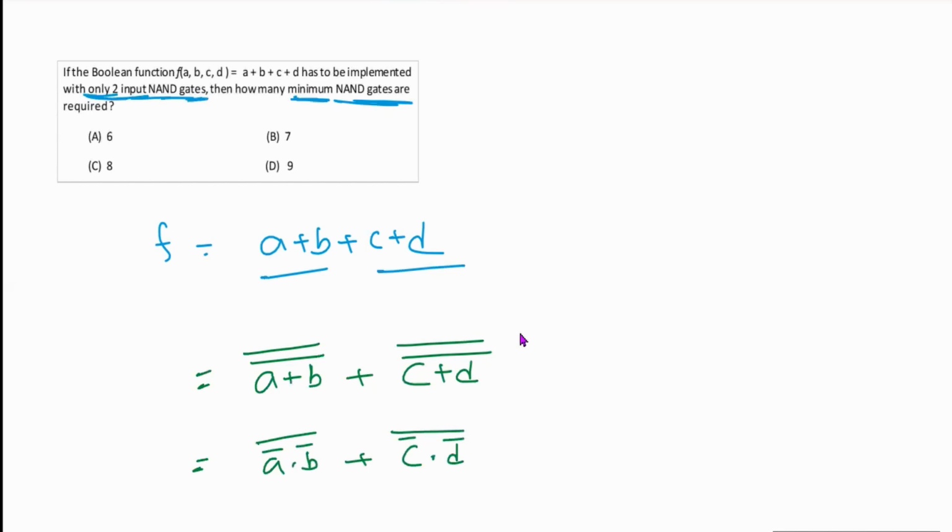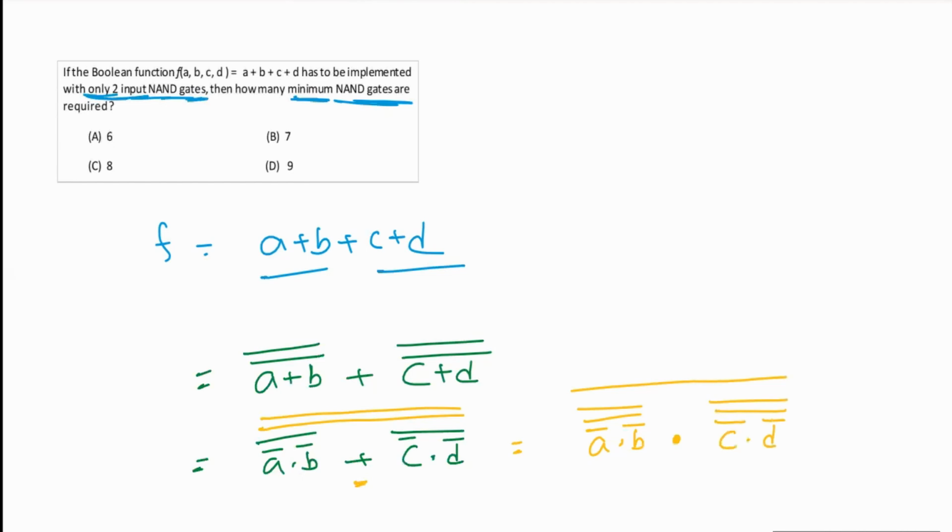For removal of this plus symbol, I take double complement again, breaking the inner complement, and this will be my expression.